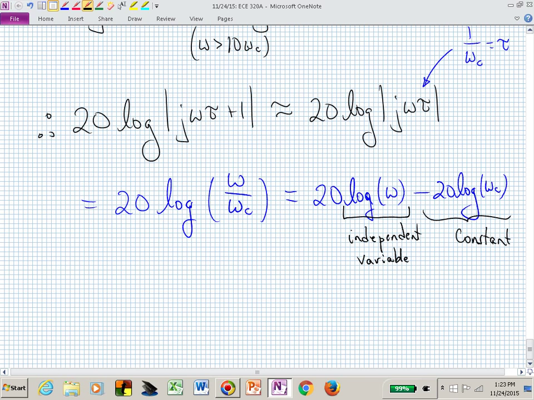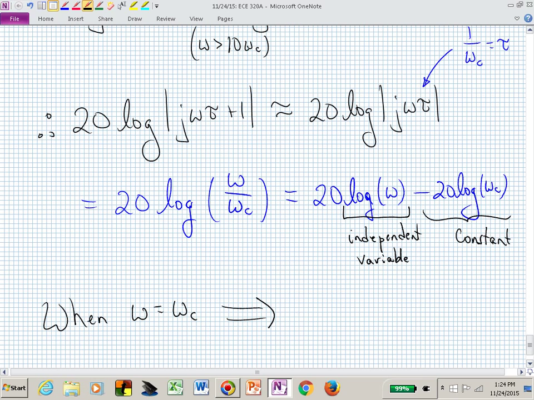And before we go too far, we can actually find the sweet spot, between too low and too high. What happens when the frequency is equal to omega c? What happens to our magnitude?